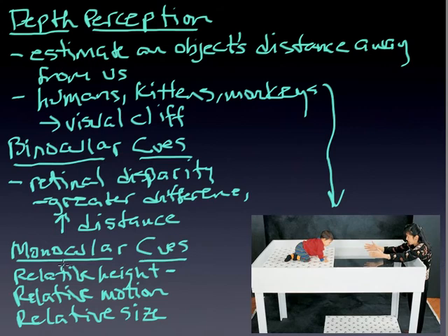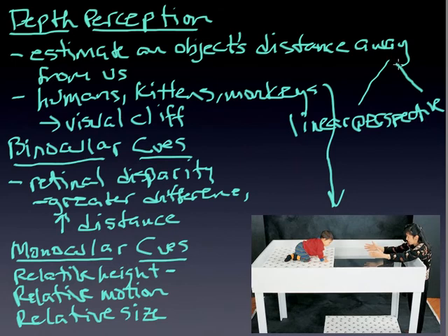A couple other ones would include linear perspective, which oftentimes you see used in painting to create something off in the distance, where one object is here and another object is here. One that's closer than the one farther away creates perceived distance.